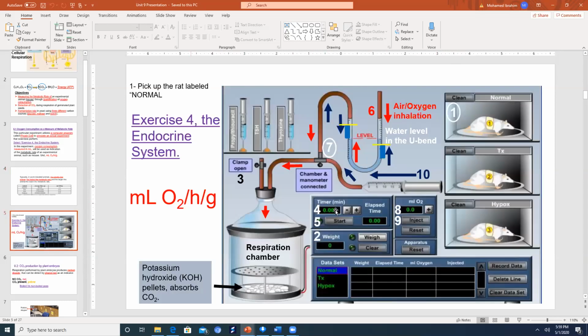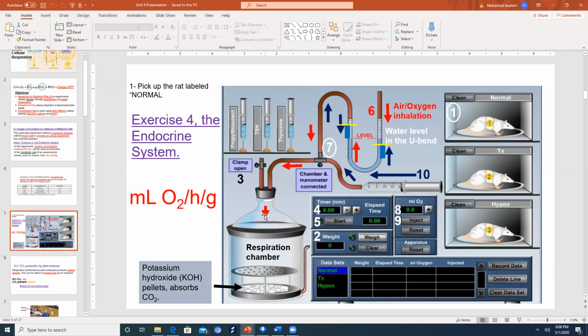Also, during this virtual experiment to measure oxygen consumption, we have in the respiration chamber a potassium hydroxide pellet. We call it the white pellet. And what is its function? It is basically to absorb carbon dioxide and convert it to potassium carbonate. So it is not going to interfere with the oxygen, because you are going to measure oxygen only.